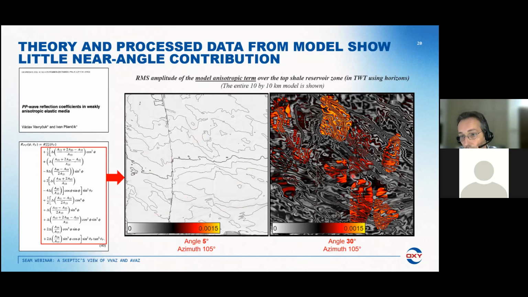And at the 30-degree angle, we start to see the impact of those anisotropic shale geobodies. That's why the AVAZ went from 10 to 40.